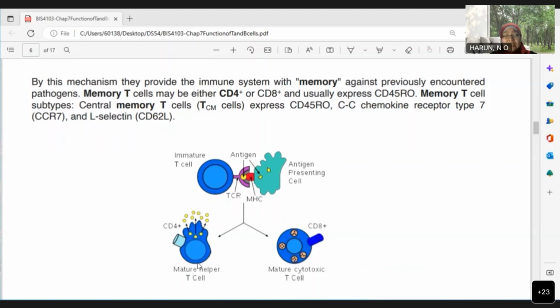Once they recognize this particular antigen with the help of MHC, it can be the CD8 plus or mature cytotoxic T cell. CD8 plus can also be called cytotoxic T cells. So this T cell can be either CD4 plus or CD8 plus.